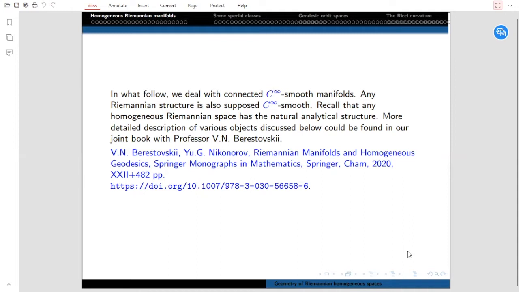which was written jointly with Professor Berestovskii from the Sobolev Institute of Mathematics.